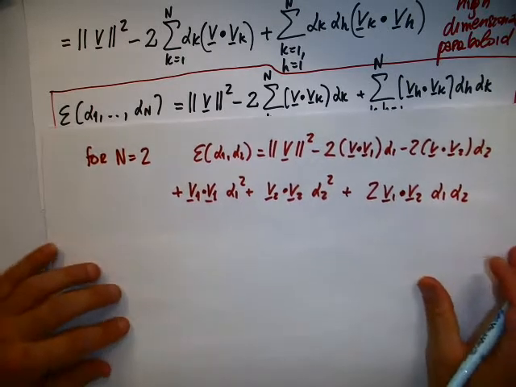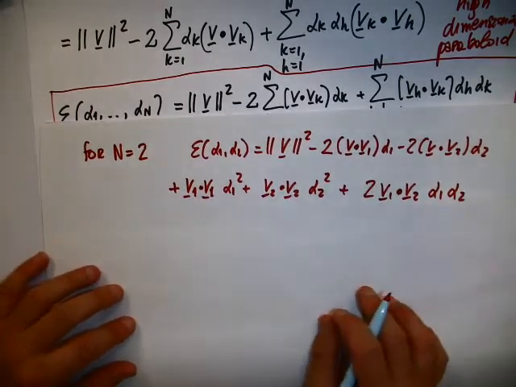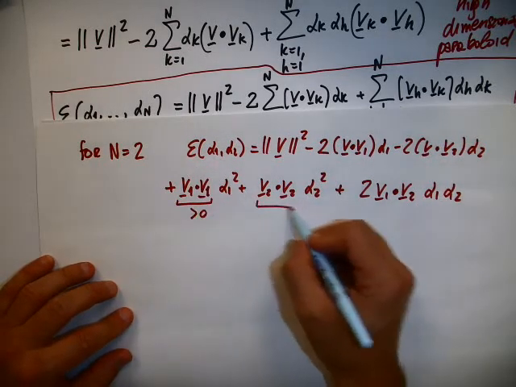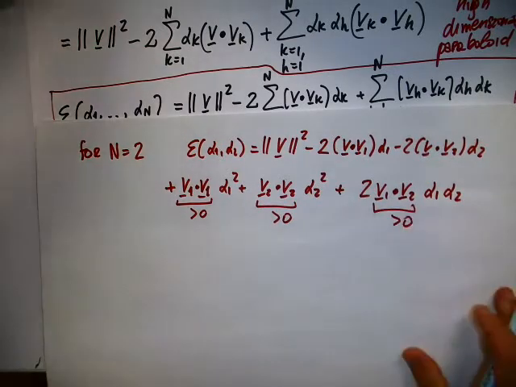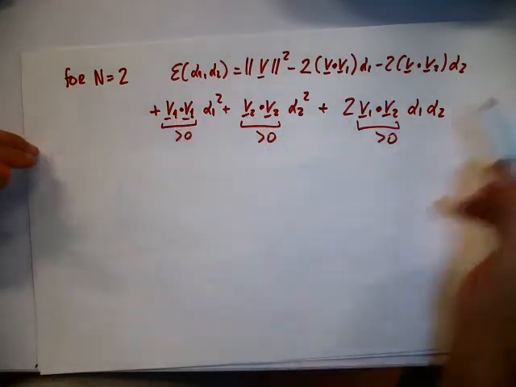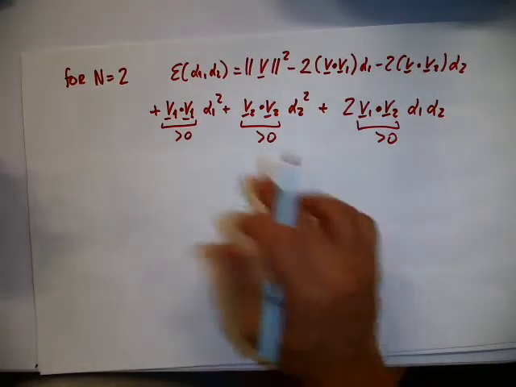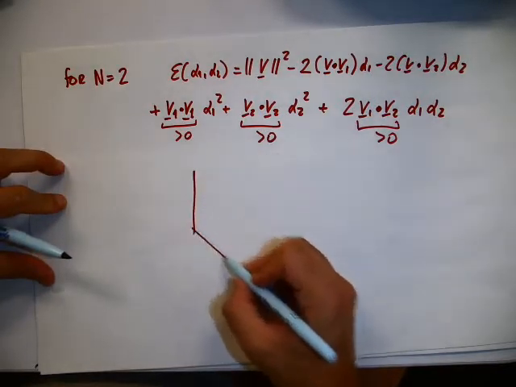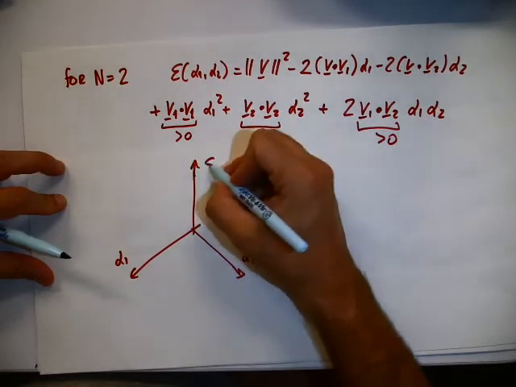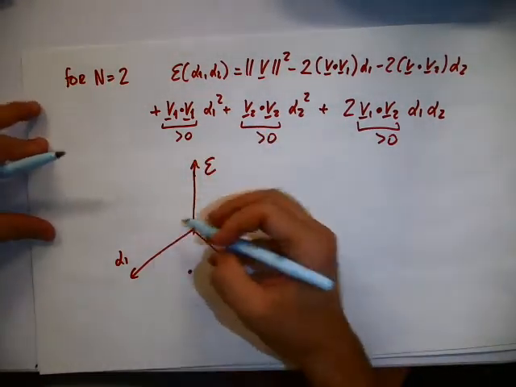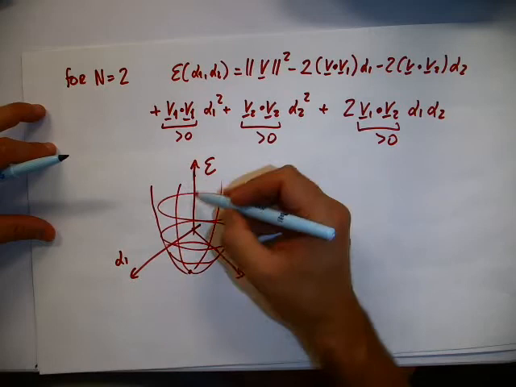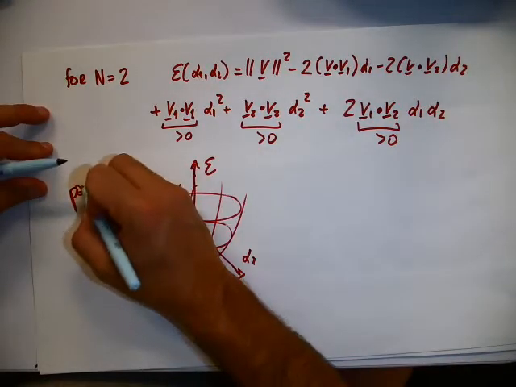If you look carefully at the structure of this function, you will see that all these coefficients are positive because they represent the lengths of the respective vectors v1, v2. And so if we plot it in 3D, alpha 1 and alpha 2 and the error, this is the classical 3D paraboloid.